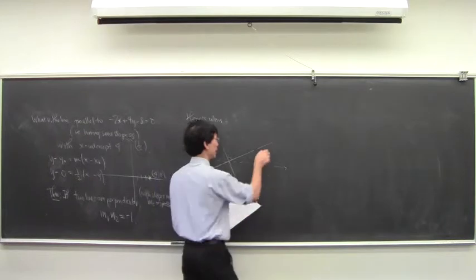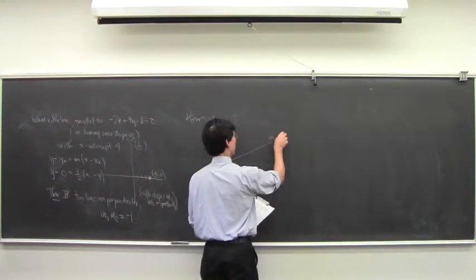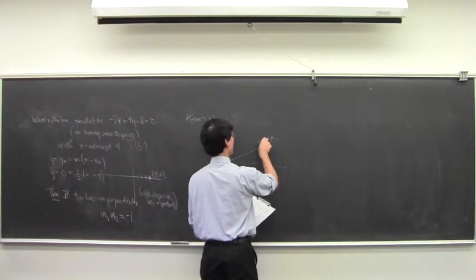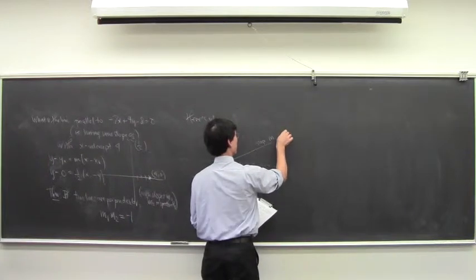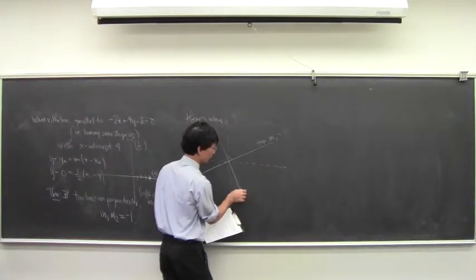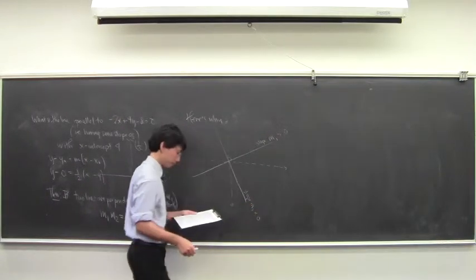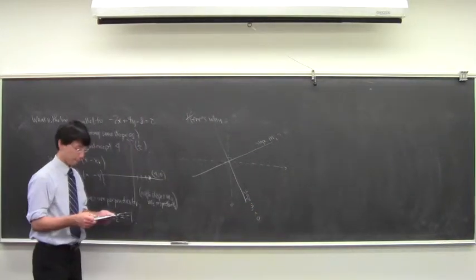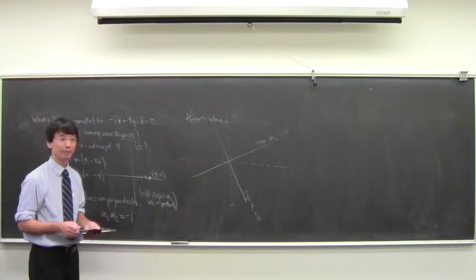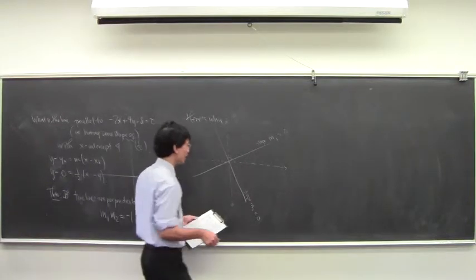Let's say this one has slope m1, which is positive, and this one has slope m2, and that is negative. Then you do something funny.